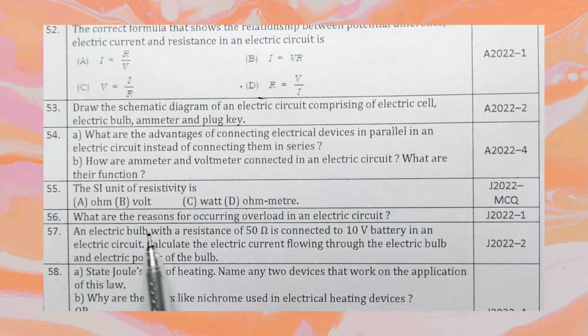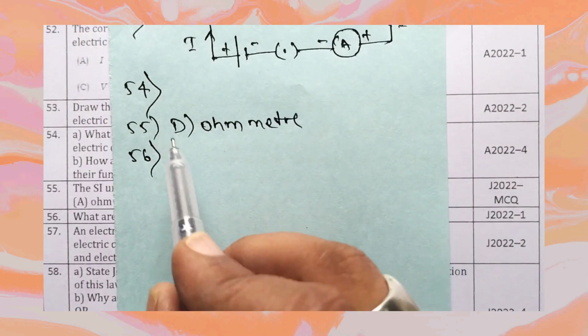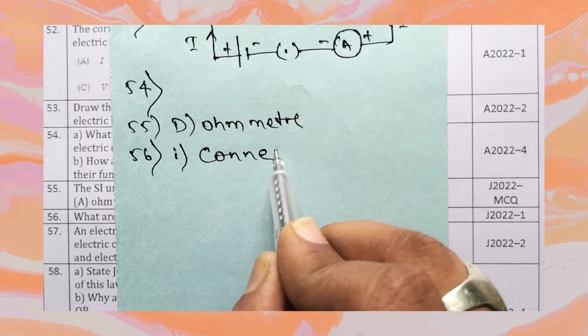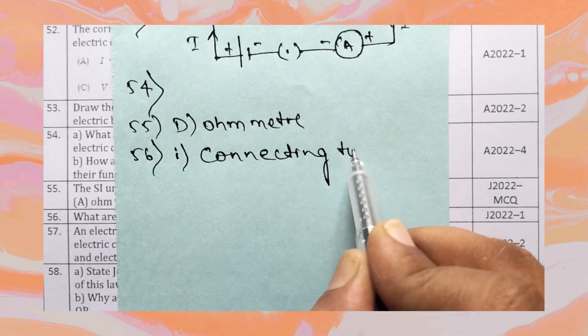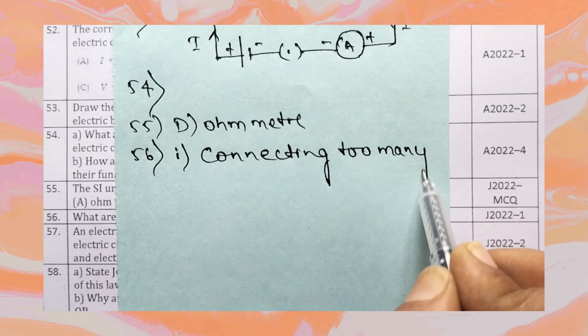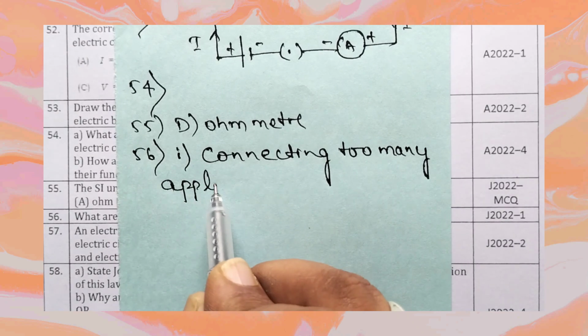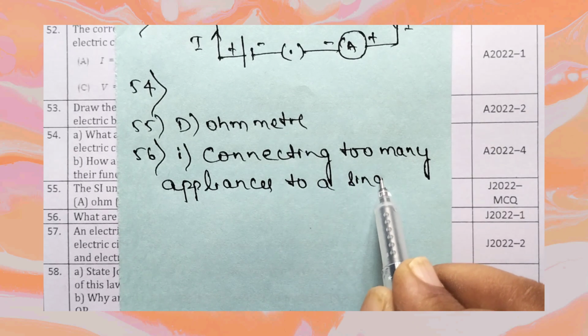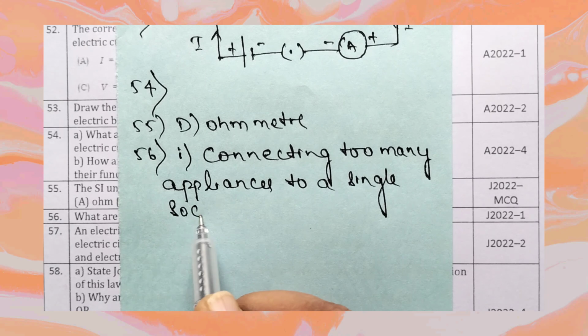What are the reasons for occurring overload in an electric circuit? Since this is a 1 mark question, let us write two points. The first point is connecting too many appliances to a single socket.